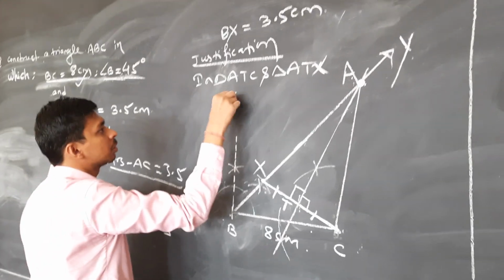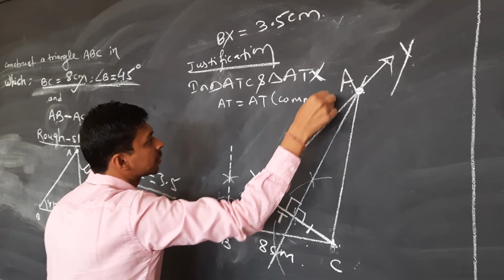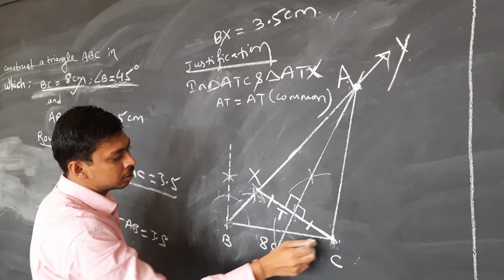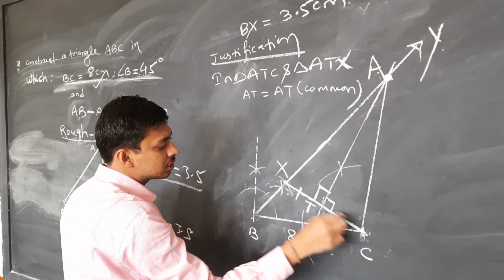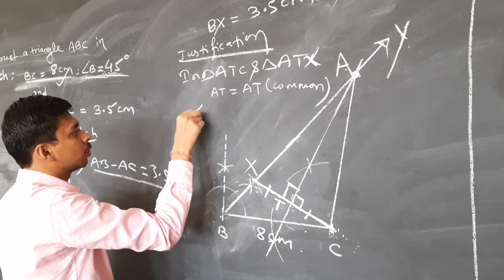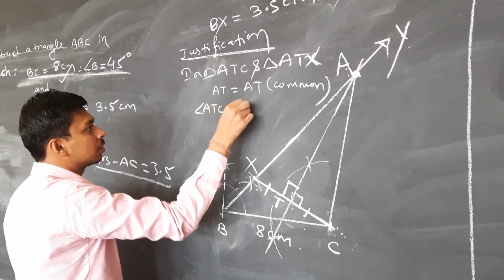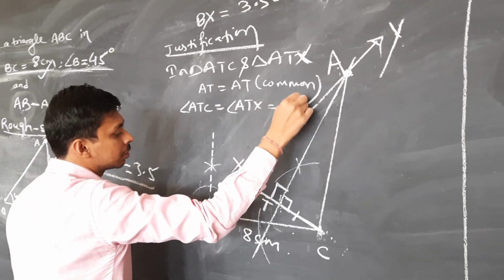So AT will be equal to AT, that is common. Then this angle 90 degree is here. So angle ATC is equal to angle ATX is equal to 90 degree.